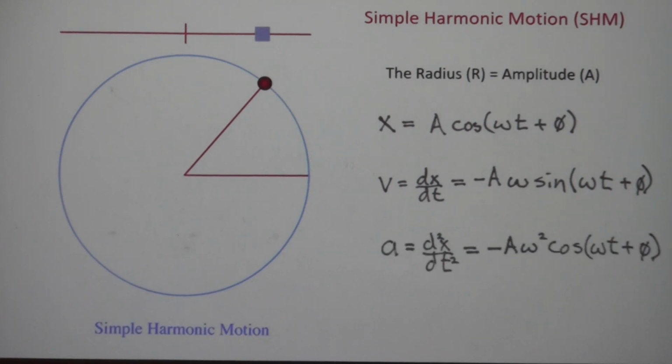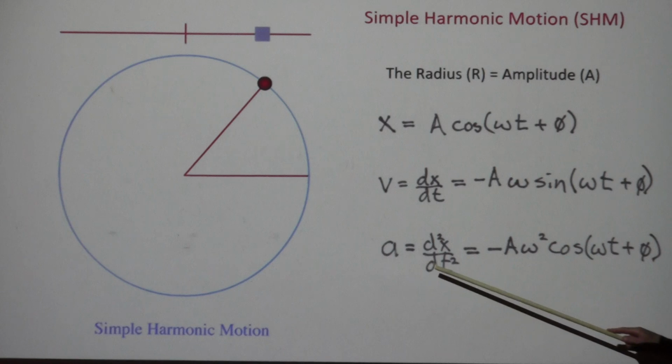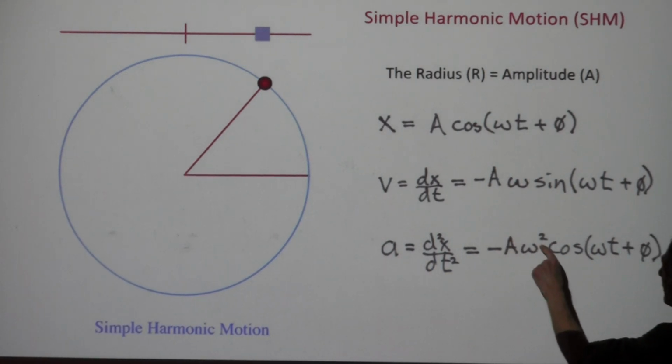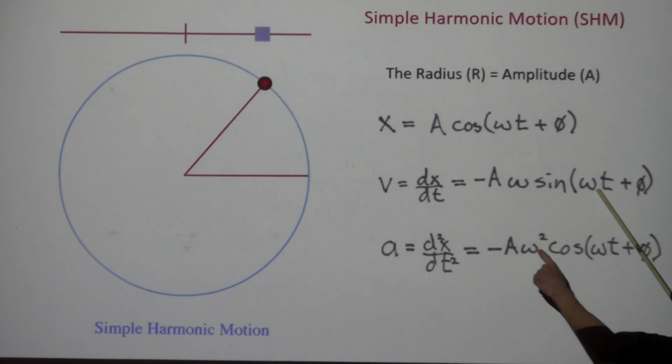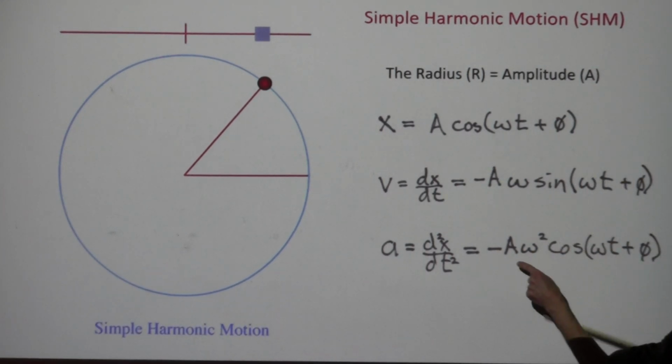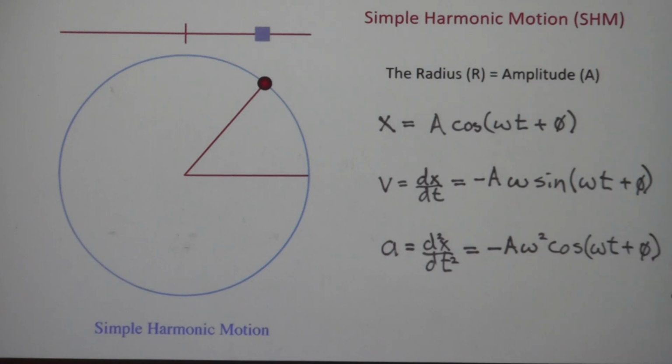If we want to deal with acceleration, we just take the derivative one more time. Then we end up with minus A, we have an omega. We're going to get another one when we go from sine to cosine, and the chain rule is going to bring another omega out here, and we're going to have omega squared. So this is the mathematical description of simple harmonic motion.